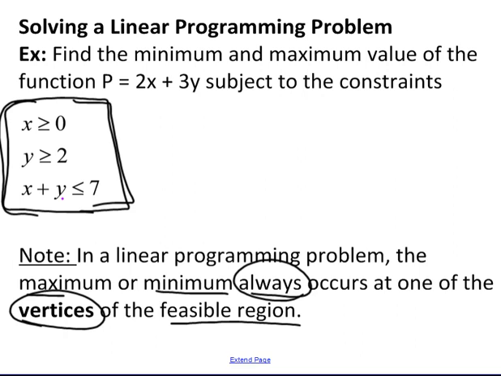So when we're trying to find the minimum or the maximum, we only have to look at the vertices. That's a whole lot fewer points to look at because most problems have 3, 4, 5 vertices. But the problem is actually finding the vertices. That can be kind of tricky.